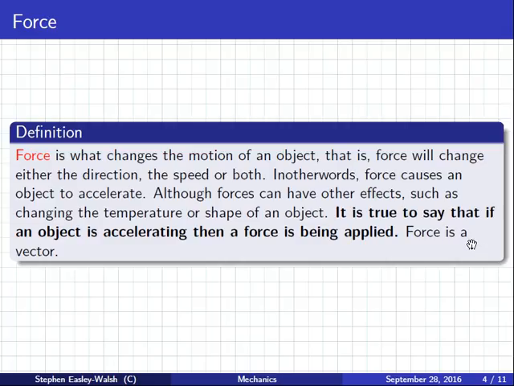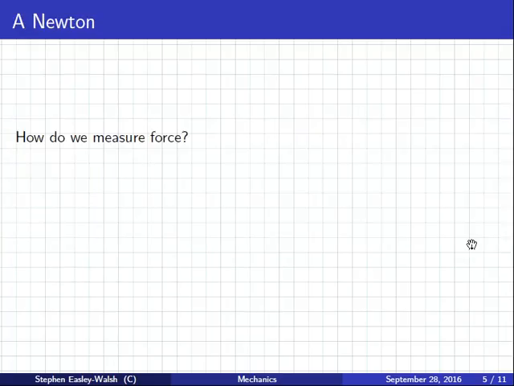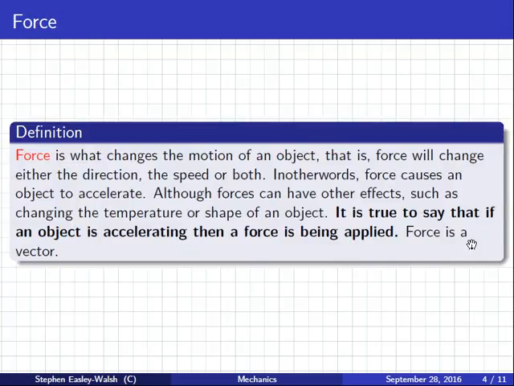That's important to know as well. Okay, can I continue? Yes?